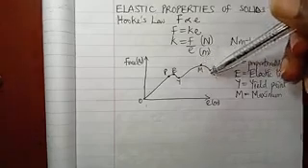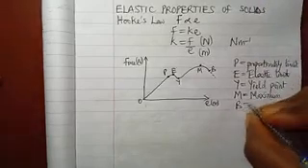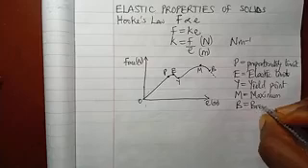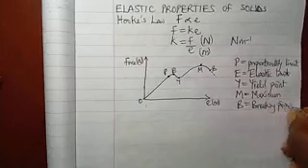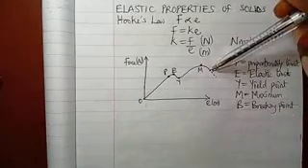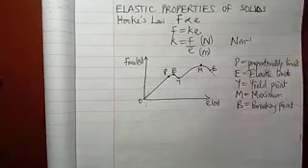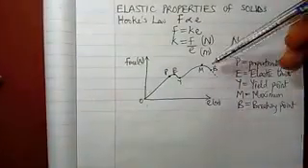Beyond the maximum load, the material starts to give way until we have our point B, the breaking point. At point B, the material just breaks. If I keep extending this, that is applying some force, at some point it just breaks. So that is point B.